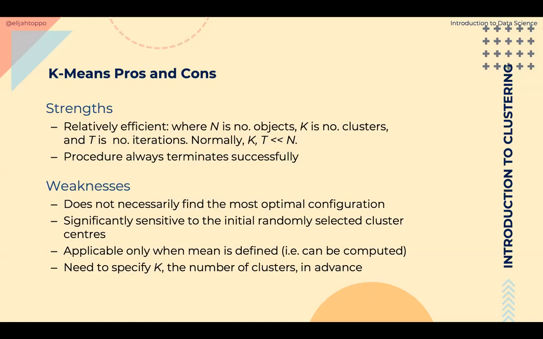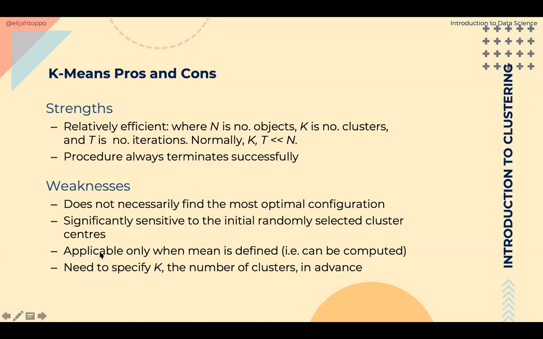And if you do not end up with the same clusters, your algorithm is basically not reproducible. So multiple teams may use the same algorithm but get different answers, and that is not a very safe choice to operate on. So that is a weakness of K-means.